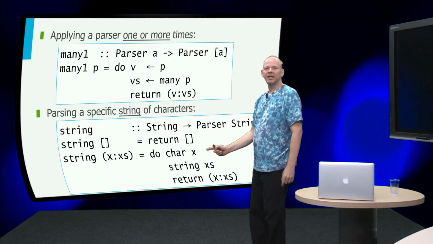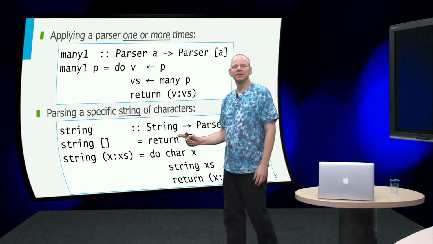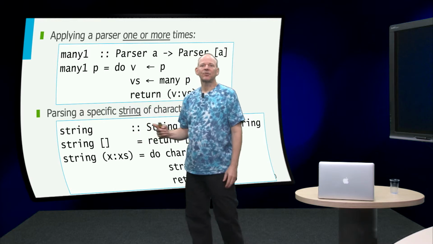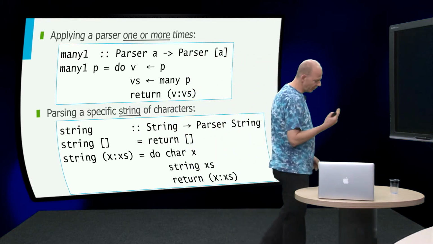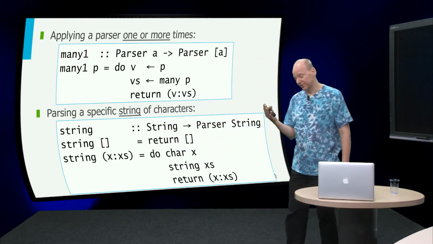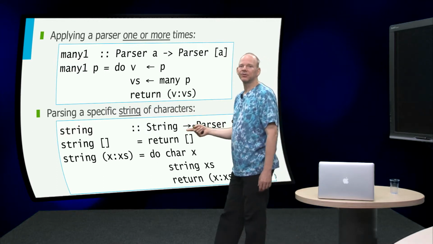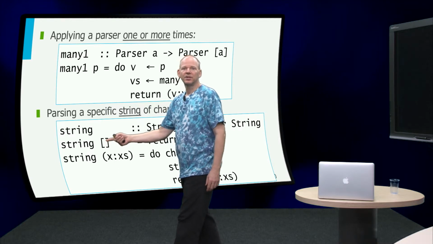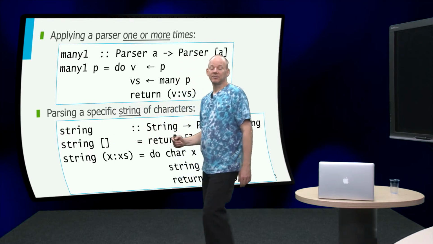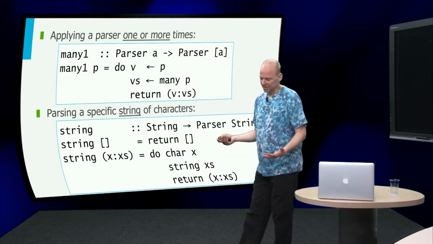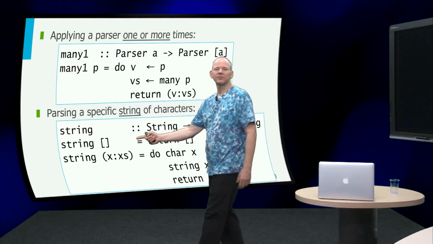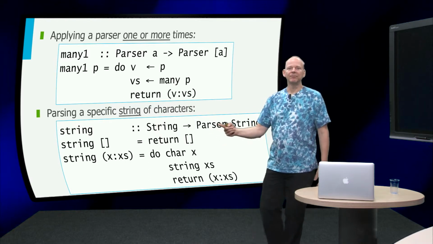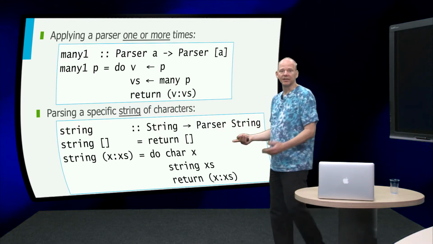Okay, the last thing here is we're going to define a function that tries to parse a string. So far we have seen many examples where we're trying to parse a character, but I want to parse a string. And remember, strings are just lists of characters. So if I start with the empty list, I just return the empty list, the empty string.